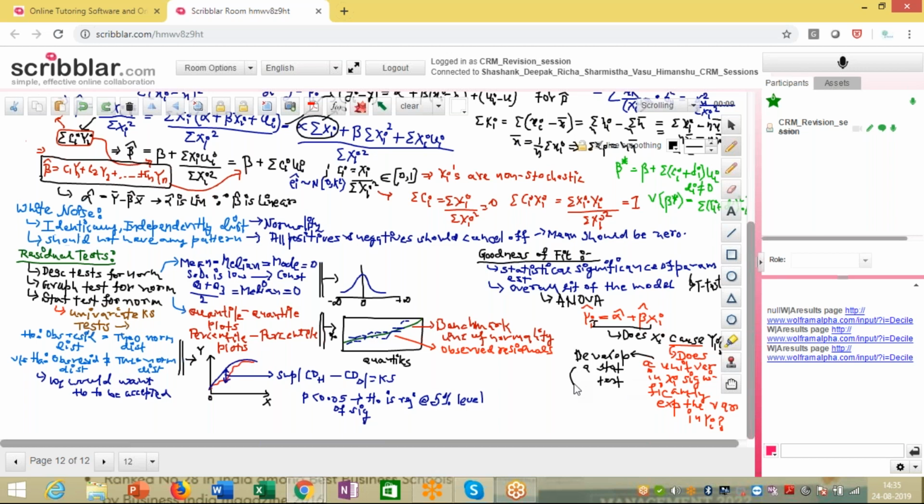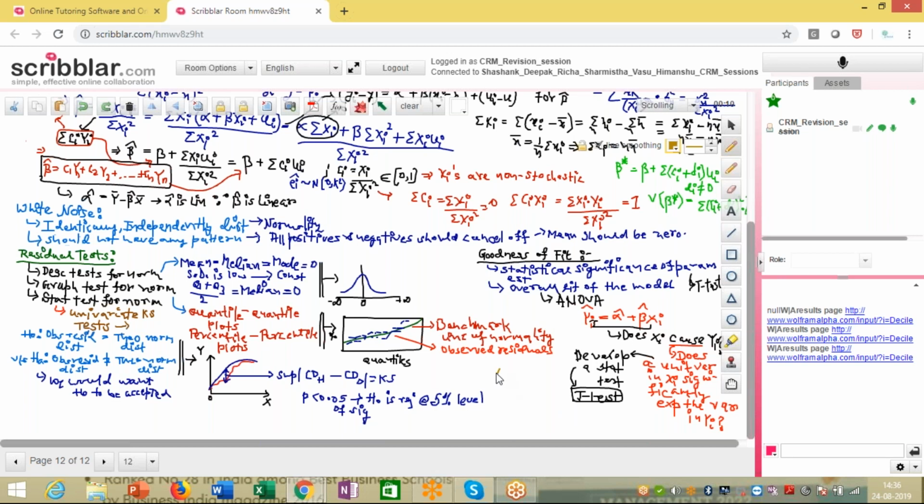And when I talk about developing the statistical test, the first question that we need to address is how does the test work? How would the hypothesis for this test be framed? How would I frame the test hypothesis?